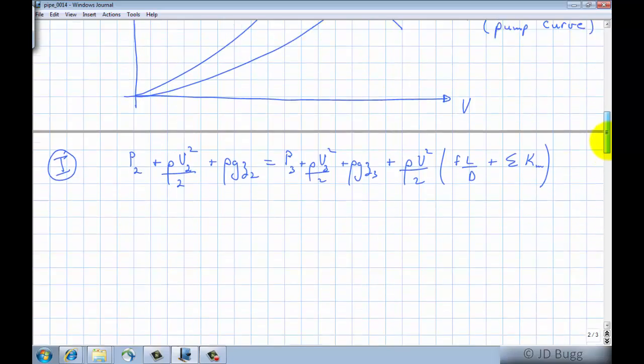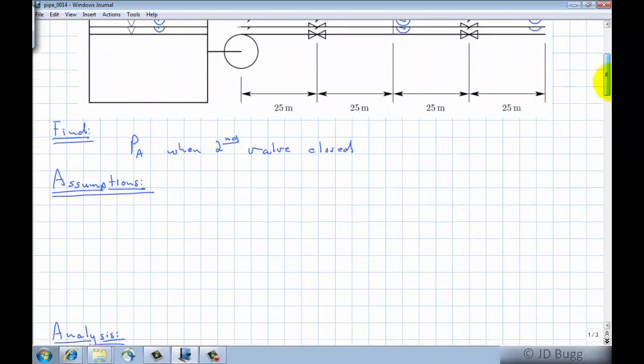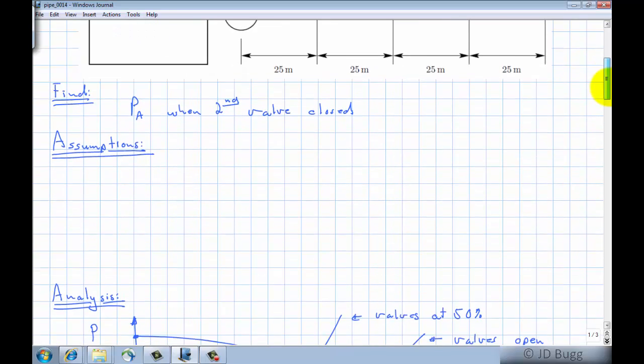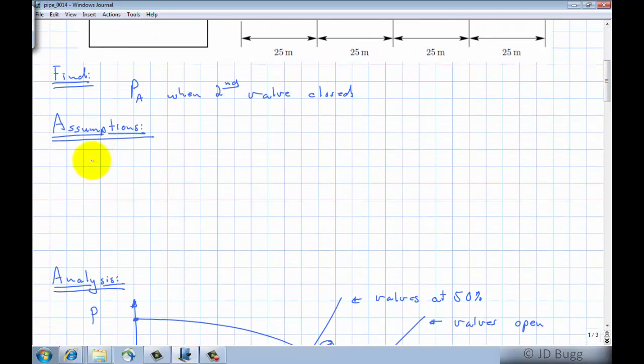Now we take a look at our diagram, and we'll be able to make some simplifications to that equation. First of all, we've brought out Bernoulli's equation, so we should make some assumptions. This is assuming steady flow. It is incompressible, so that density is a constant.